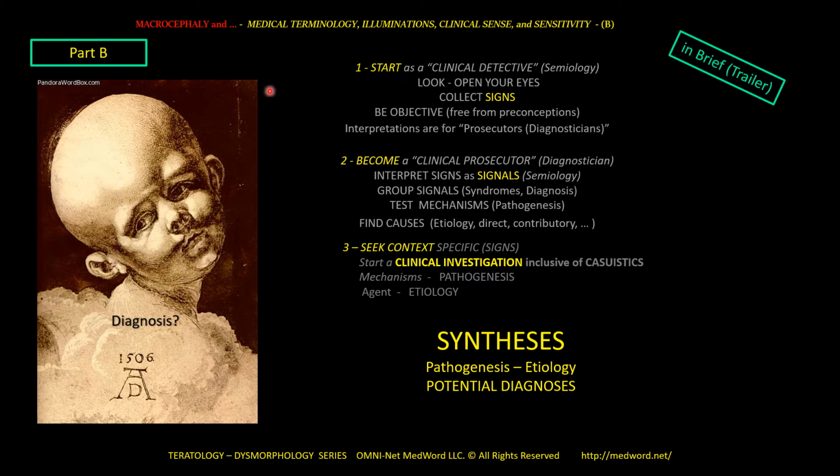Later on, then there is a step-by-step description how to build facts toward a diagnosis, how to start with signs, move to signals, then go into the context, clinical investigation. So all of this then is a synthesis that very often must start with notions of pathogenesis, then attribute the pathogenesis to a cause or etiology, and then come up with potential diagnoses.